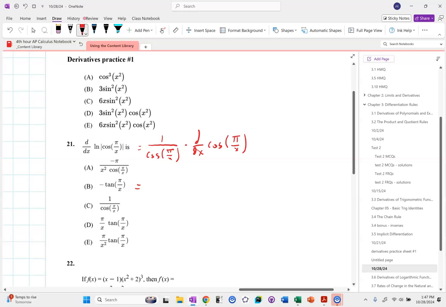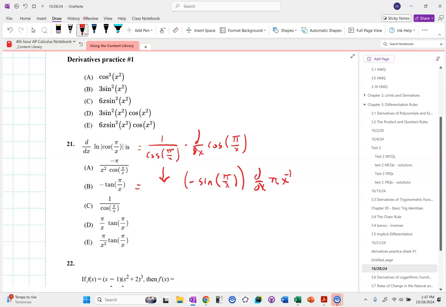Now, the derivative of cosine is negative sine times the derivative of the inside. And I'm going to write pi over x as pi times x to the negative 1. Is that okay there, Selena? Just to make it easier to do the power rule. So that guy comes down.